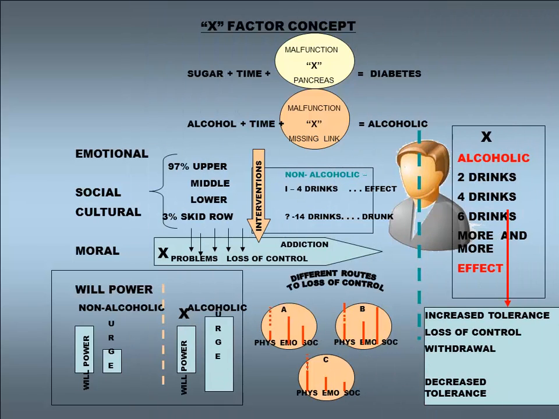Now one final look at what I explain as different routes people can take to this loss of control addiction. I picture persons A, B, and C. For each of the circles representing my people, I place scales for 3 factors. 1, the physical capacity at the first drink for addiction. 2, the level of emotional immaturity or instability.